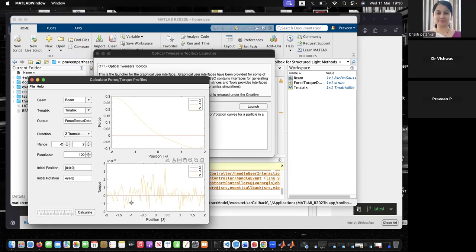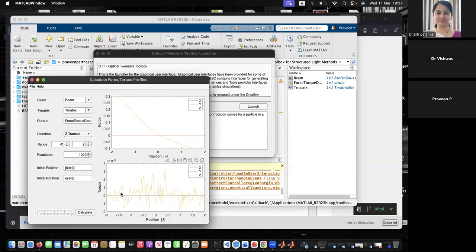And this is the torque. Now here, you must note that on a sphere, there is really no torque because of symmetry. On the other hand, if you took an asymmetric shape, like an ellipsoid or a disc or cylinder, then torque becomes extremely important. I think due to lack of time, we may not be able to cover that, because I'll also have to tell you the theory behind it first, and that itself will take me time.